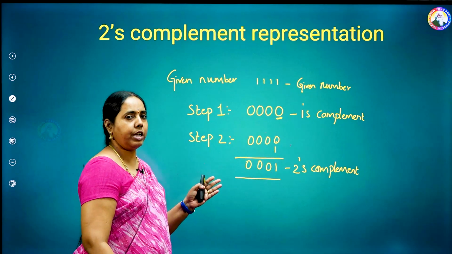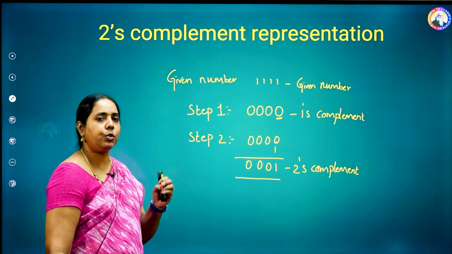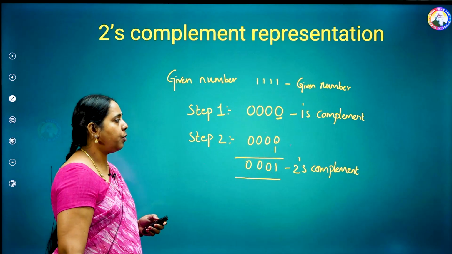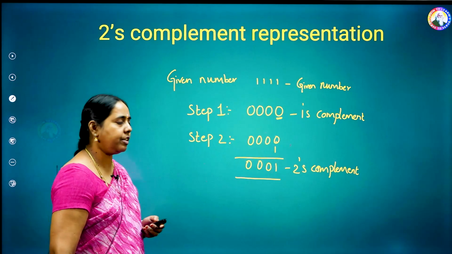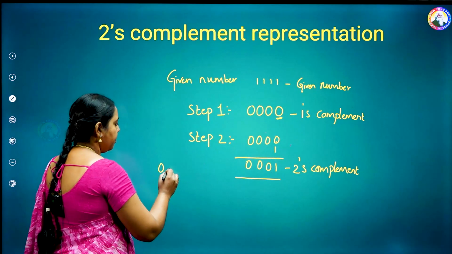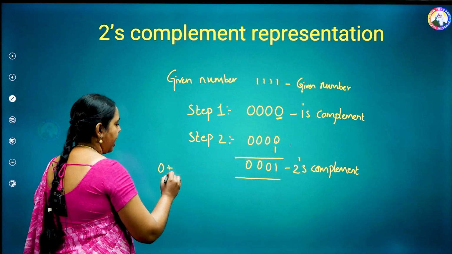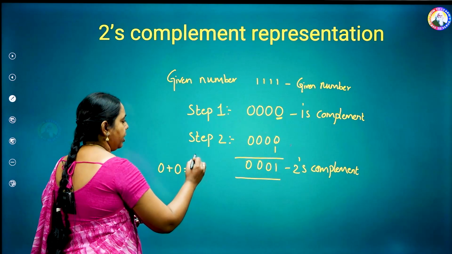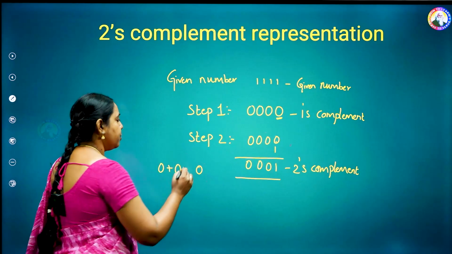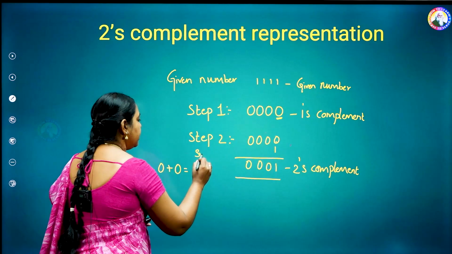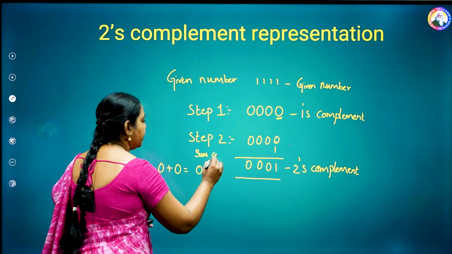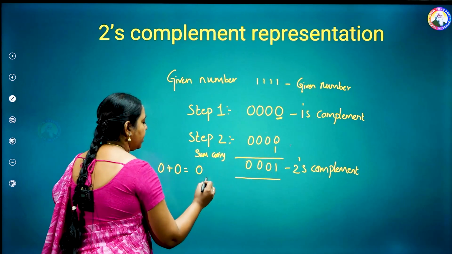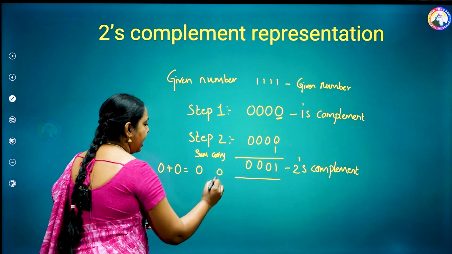Before performing all this, you need to know the addition rule. What is meant by the addition rule? If I add 0 plus 0, the sum is 0 and the carry is 0.